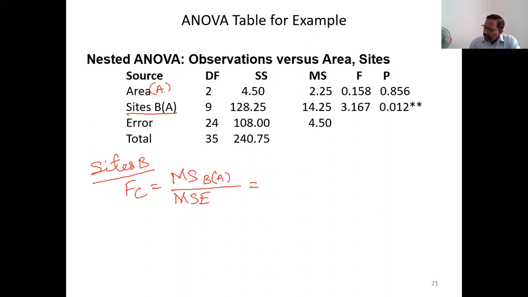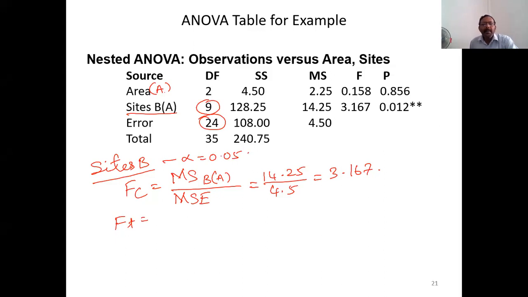So the values are 14.25 divided by 4.5, which is equal to 3.167. Look at my table value. What is my table value? Numerator degrees of freedom is 9. Denominator degrees of freedom is 24. Again, the alpha is the same, 0.05.